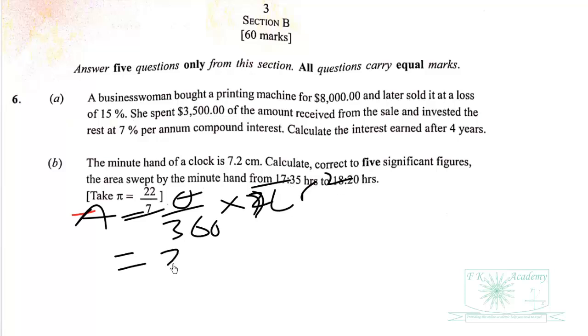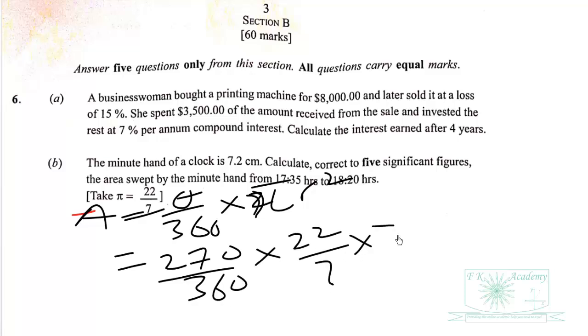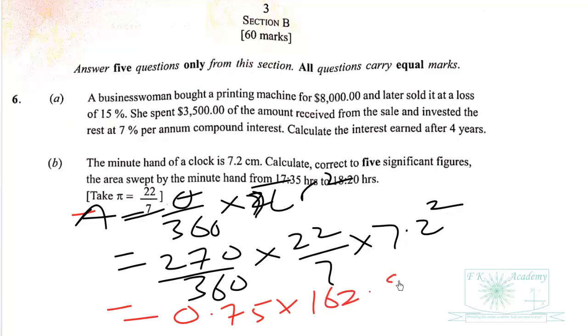So 270 over 360 times 22 over 7 times 7.2 squared. And that will give us 0.75 times 162.926, and this is going to give us 122.19 centimeters squared.